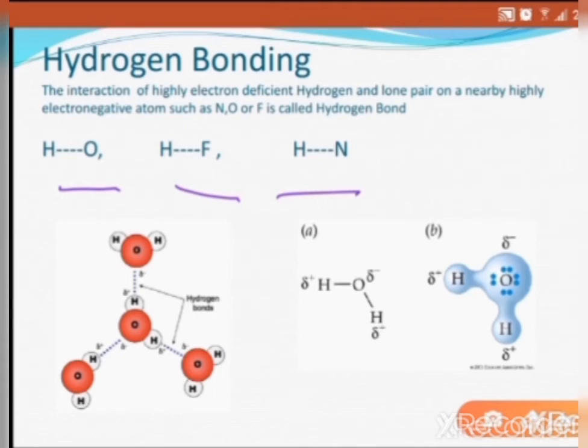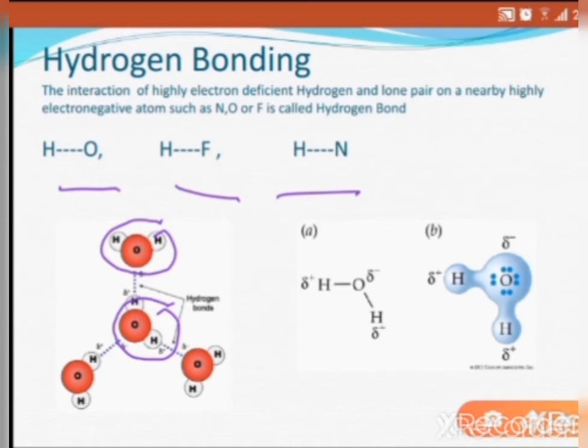In this diagram you can see that hydrogen of one molecule of water is attracted towards the oxygen, which is partially negatively charged, by a force called hydrogen bonding. This intermolecular force is called hydrogen bonding.